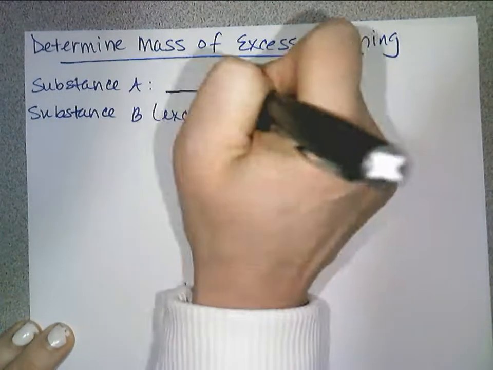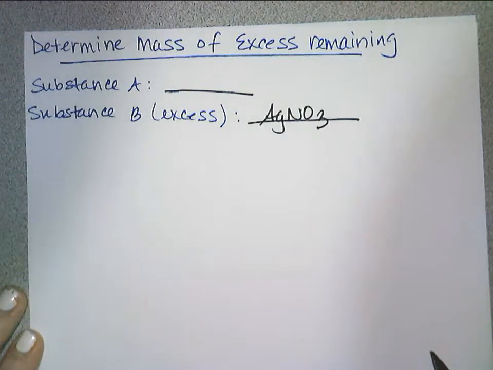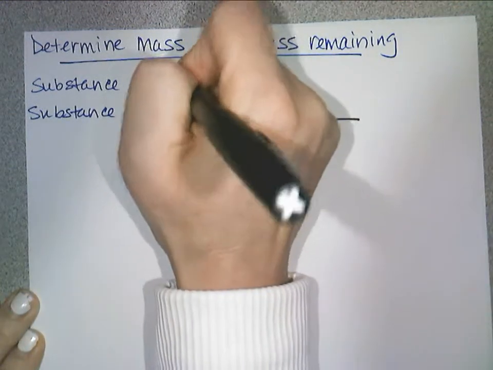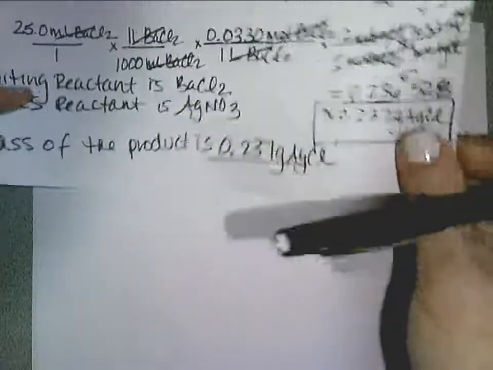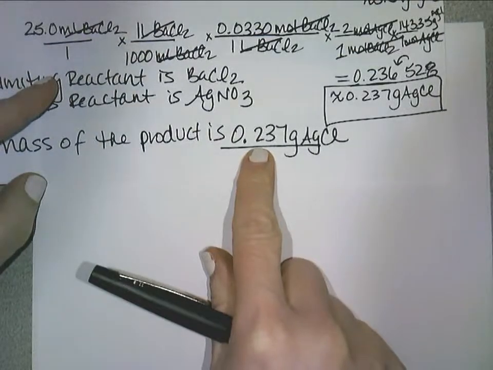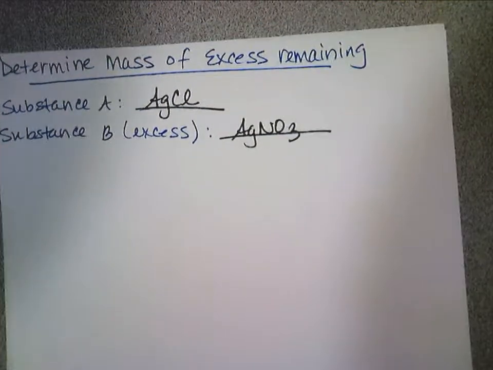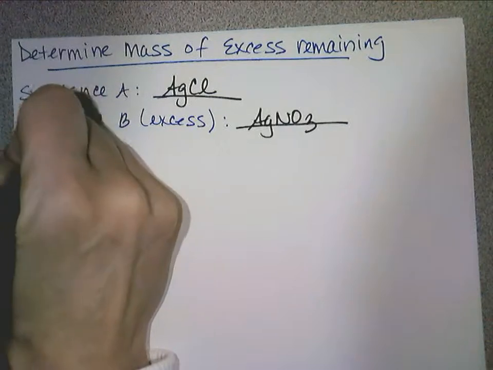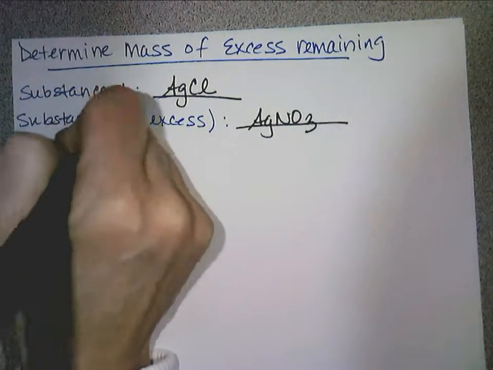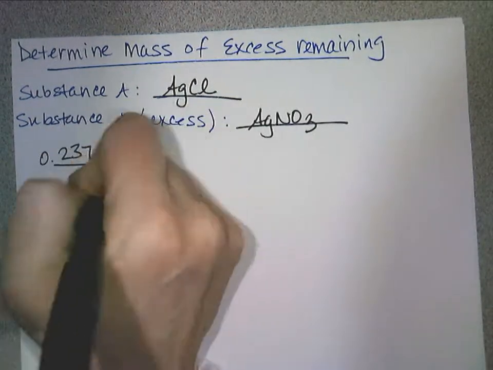And we know that the mass of the product, substance A, is 0.237 grams, so substance A is AgCl. So we want to convert this amount of product to the mass of the excess, so we can calculate the excess remaining. So we start with the mass of the product, which is 0.237 grams of AgCl. And we're going to use our mole map.